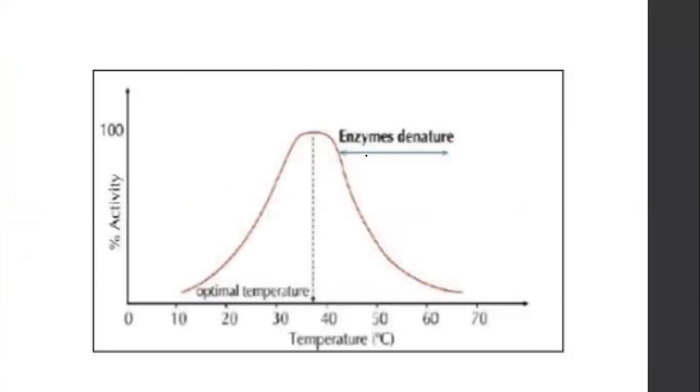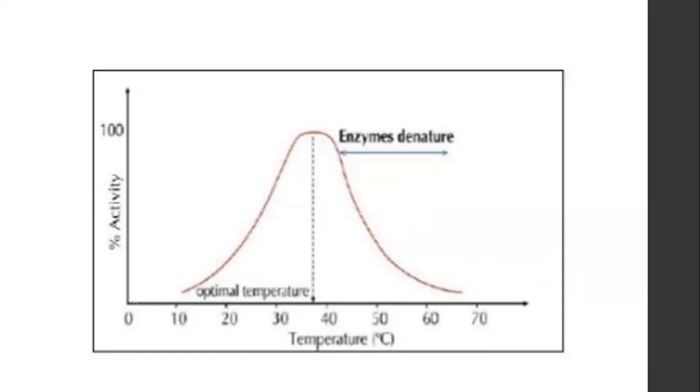So now here we have a graphical representation of the activity of enzymes versus the temperature, because we just spoke about the effect of temperature on enzymes. In this graph, we have the percentage activity against the temperature in degrees Celsius. Here we have temperatures of 0 degrees, 10 degrees.